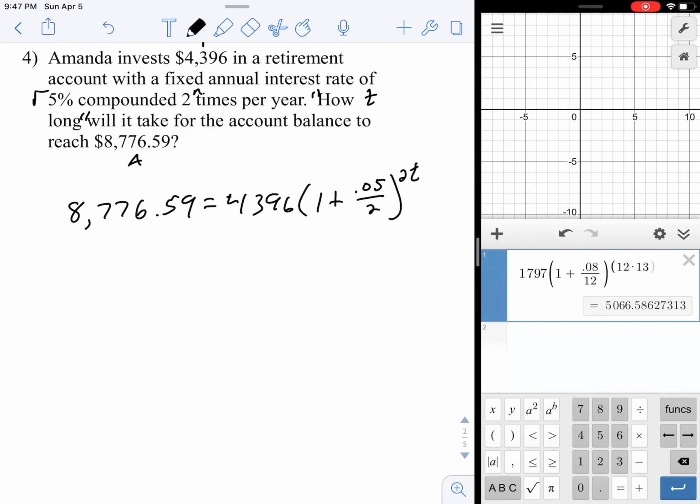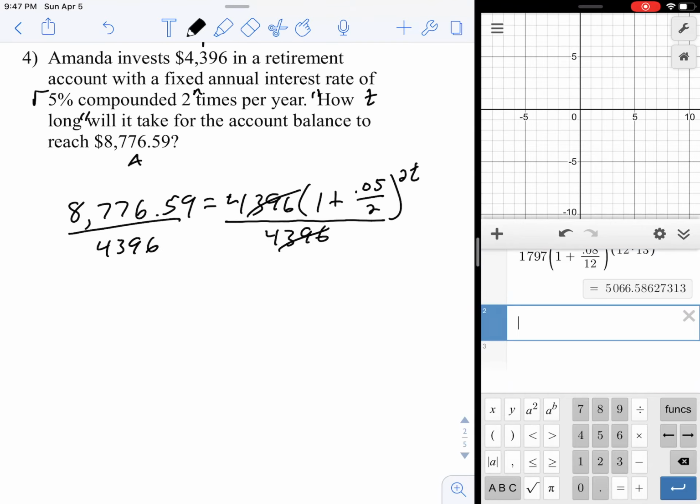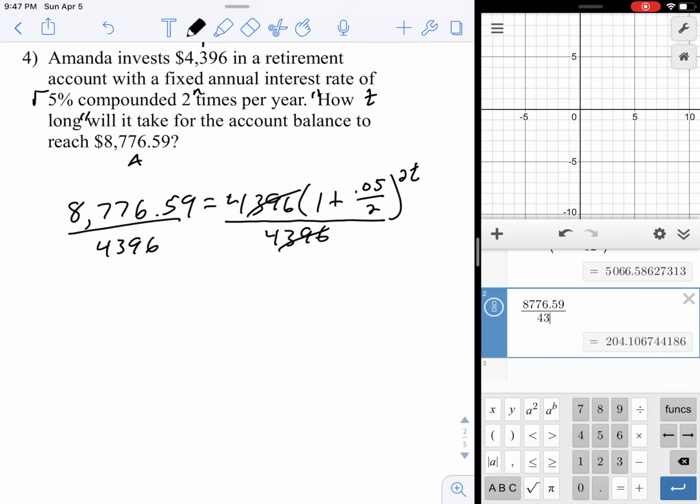So if we want to isolate the variable, I can divide both sides by 4396 to cancel this out. 8776.59 divided by 4396 is 1.9965. And then over here, I'm going to leave a space because I'm sure you recall that a logarithm is going to be turning up here in a second.